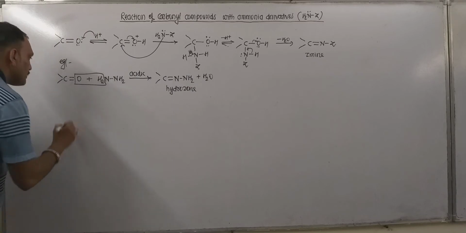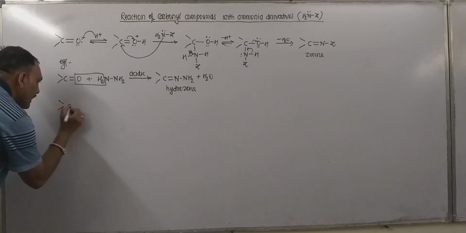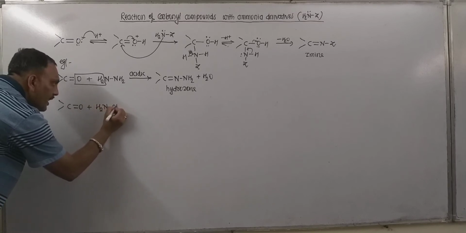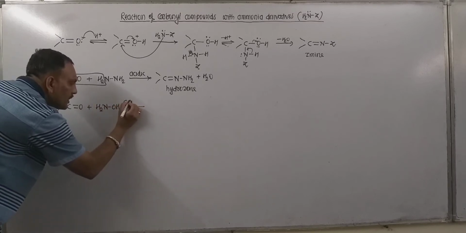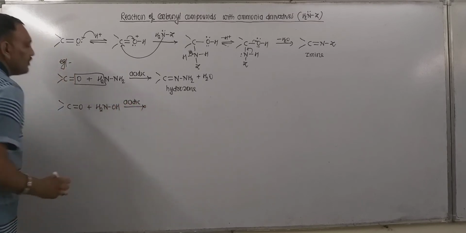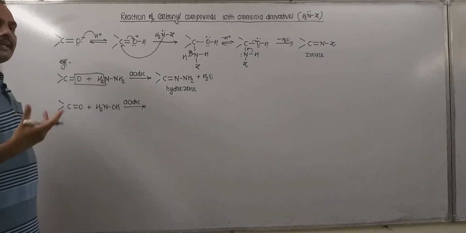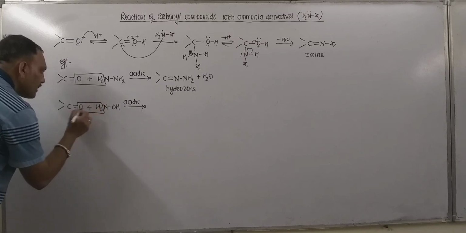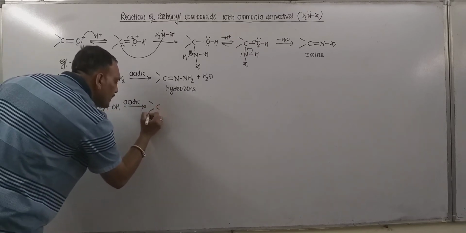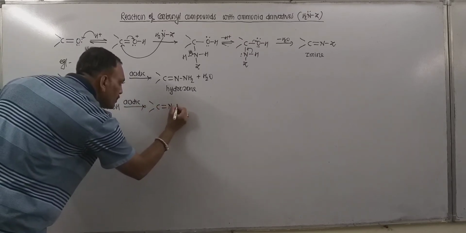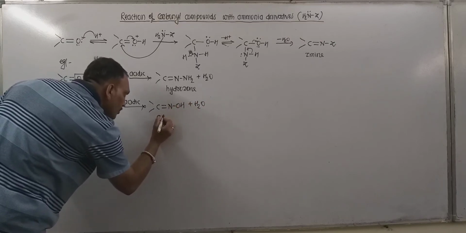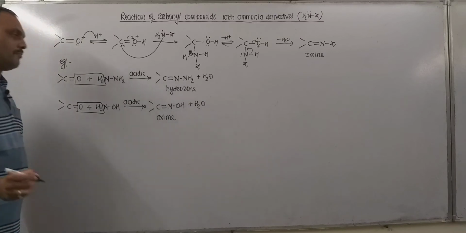Now the second thing is reaction with hydroxylamine. Hydroxylamine can be written as, when hydroxylamine is treated with a carbonyl compound, either aldehyde or ketone, in acidic medium, then also departure of water takes place in this way, and that leads to the formation of an imine product which is popularly known as oxime.